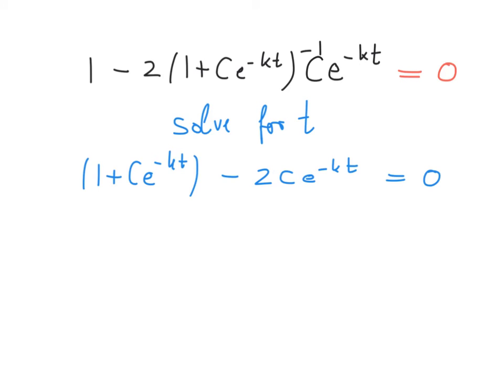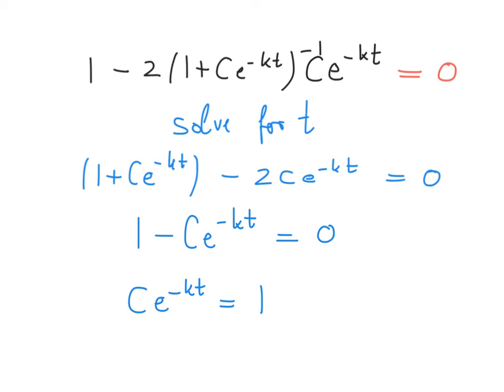So we can simplify this here now, and we get that this is 1 plus, oh no, it's minus C e to the minus KT, and that's equal to 0. So in other words, C e to the minus KT is equal to 1. Right, and now we can solve using logarithms.